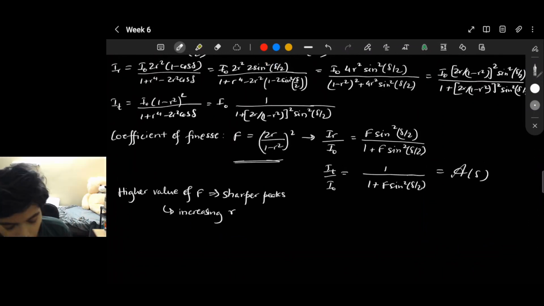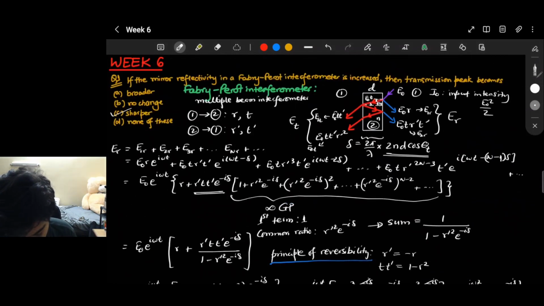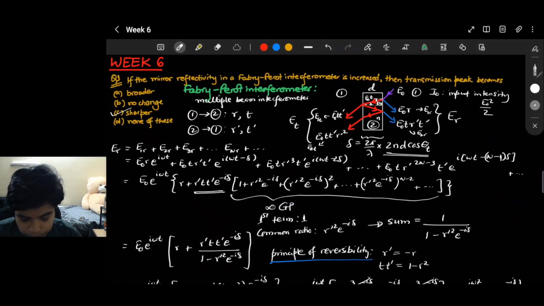If you increase r, numerator increases, denominator decreases. As a result, the whole thing increases. So f can be increased by increasing r, which is nothing but the reflectivity, the coefficient of reflection, meaning how much percent of the beam is getting reflected. So the higher the reflectivity, the higher the value of r, and the higher the value of f, which means sharper peaks. So the question was, the transmission peak will become sharper if the reflectivity is increased.